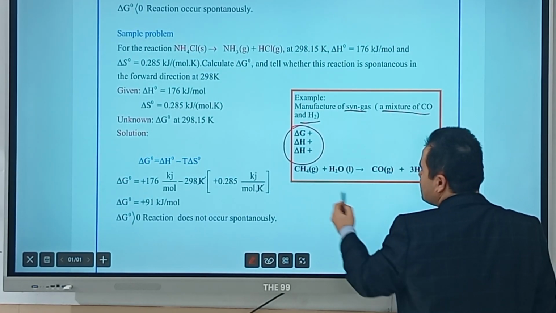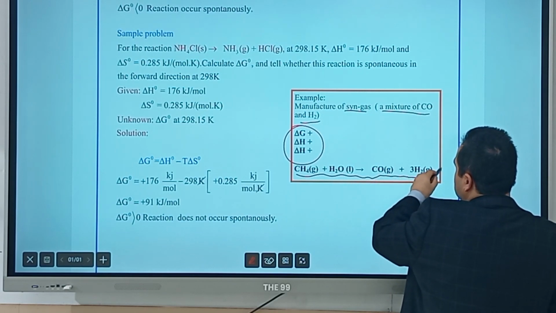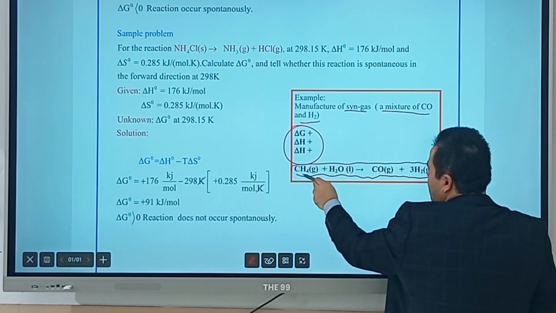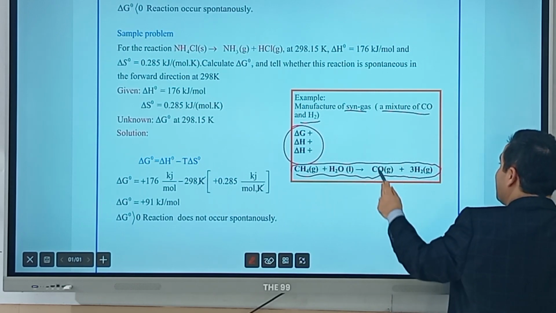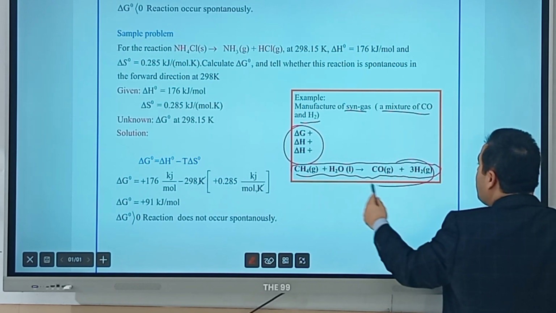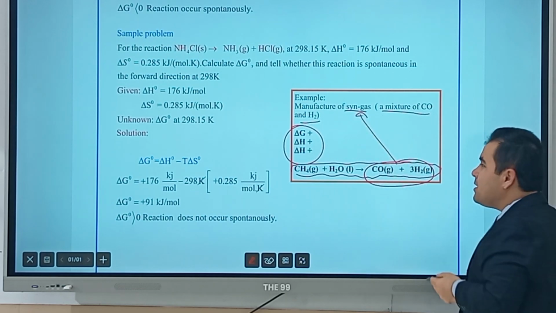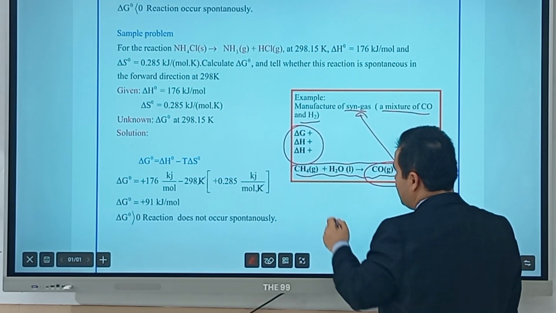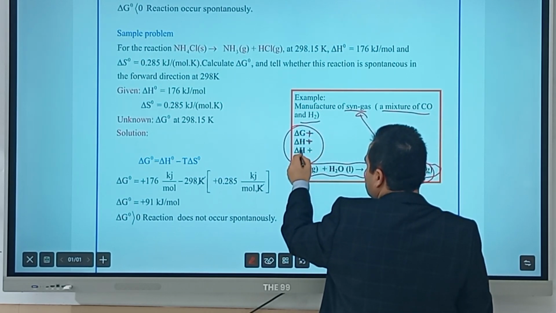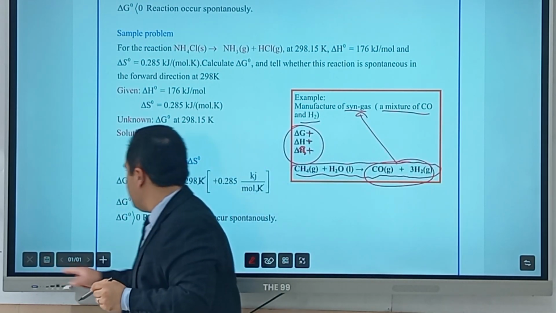The syngas can be formed from the reaction of methane with H2O, which forms carbon monoxide and H2. Both these two gases we call the syngas, and the process has positive enthalpy and positive entropy.